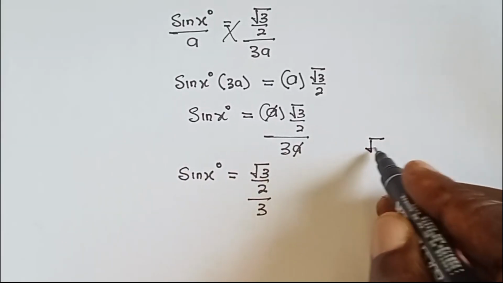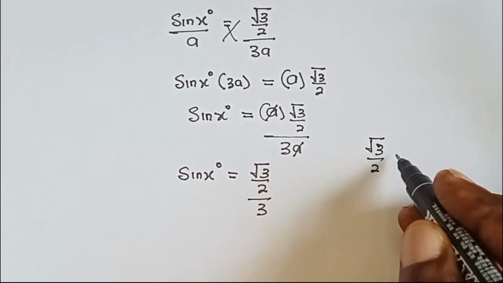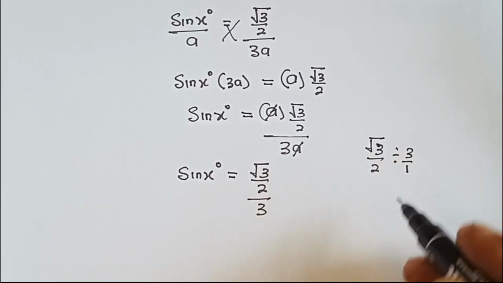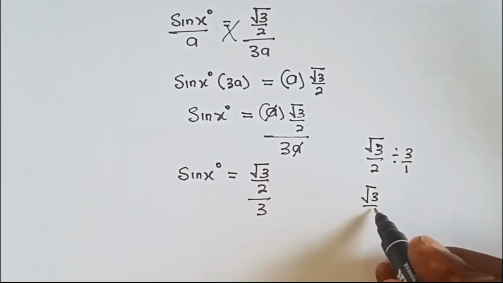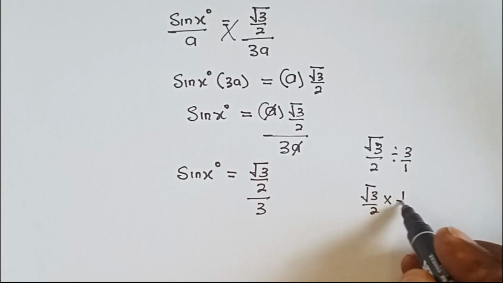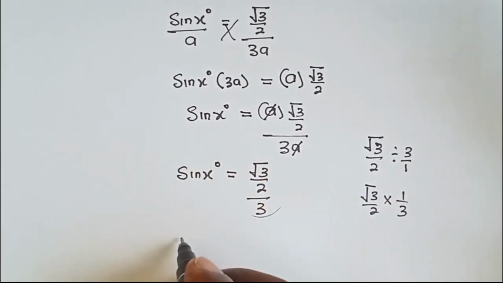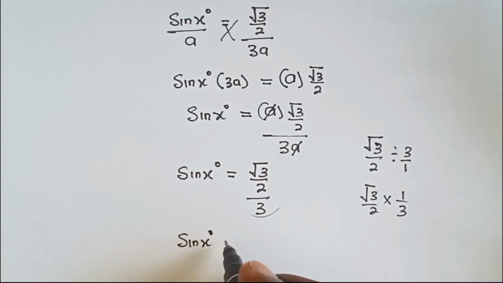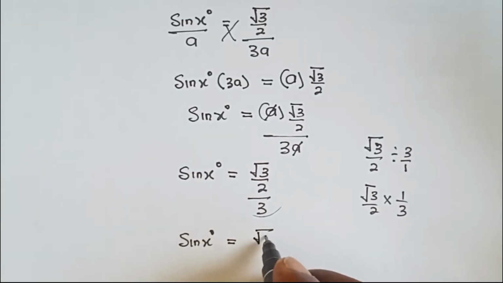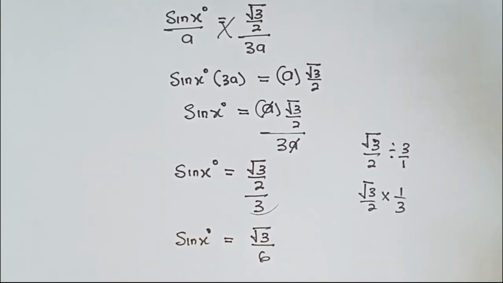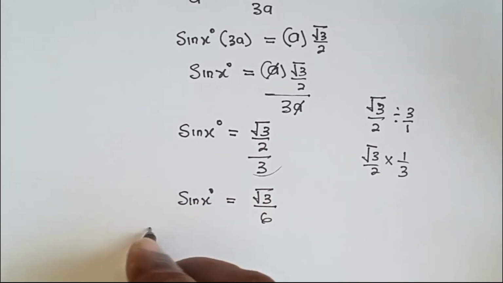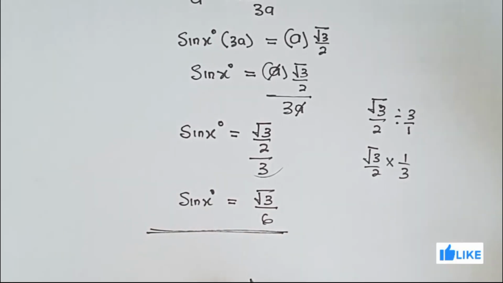If you do it this way, root 3 over 2 divided by 3 over 1 changes to times 1 over 3, and we have 2 times 3, which will give us 6. So the whole of this now gives us sine x degree equals root 3 over 6, and that is the value of sine x degree we have to find.